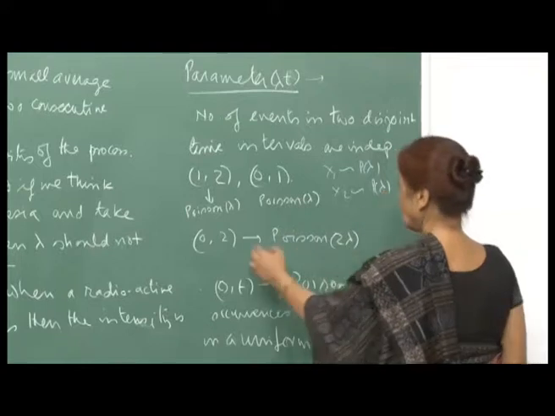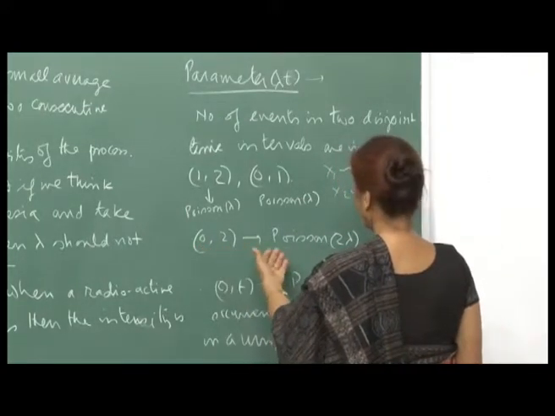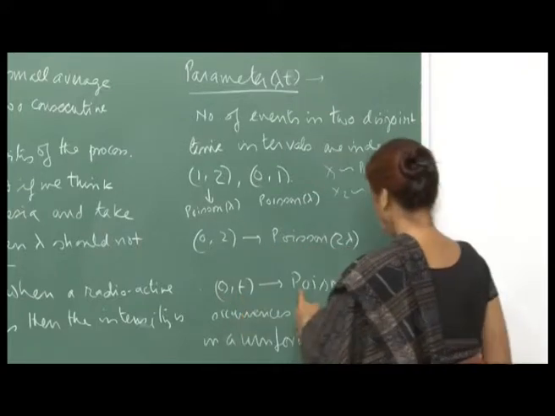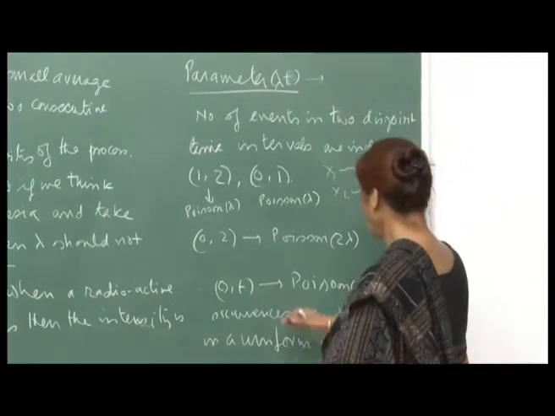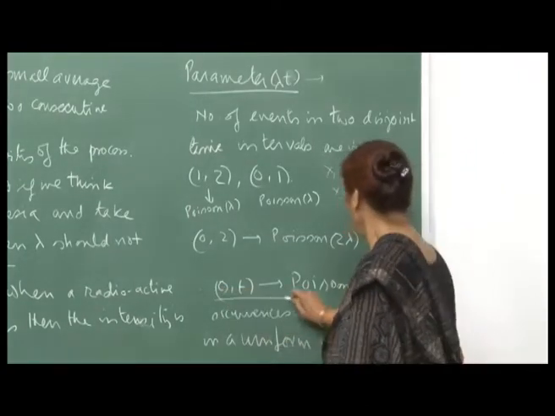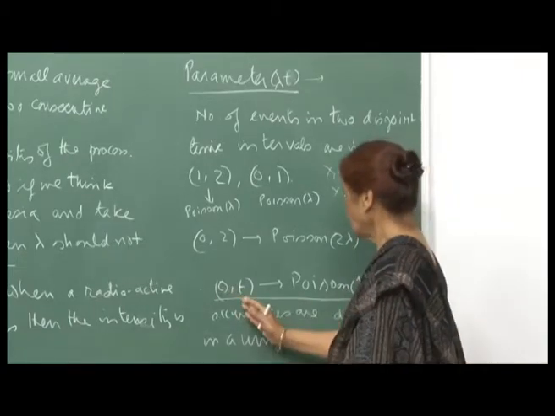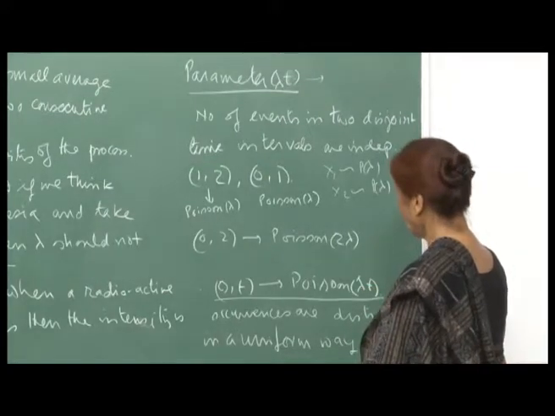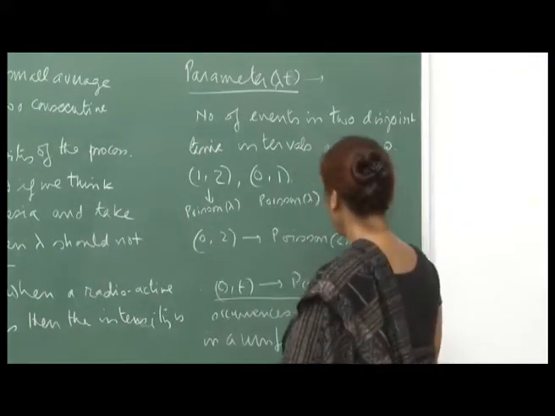So in 0 to 2 the number of arrivals will be Poisson 2 lambda, and therefore in 0 to t it will be Poisson lambda t. This is the whole idea. So in time 0 to t the arrival count is Poisson lambda t. Of course, t can be fractional and so on, and one can interpret it in the same way.